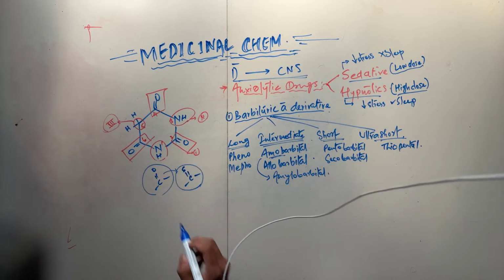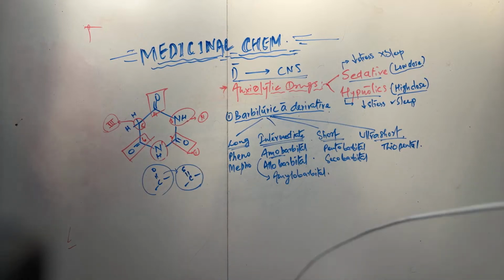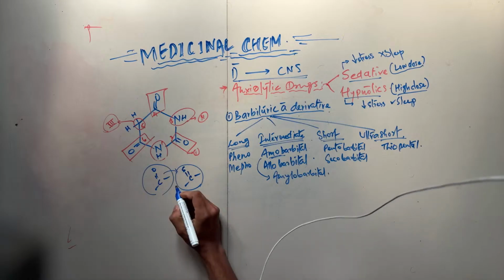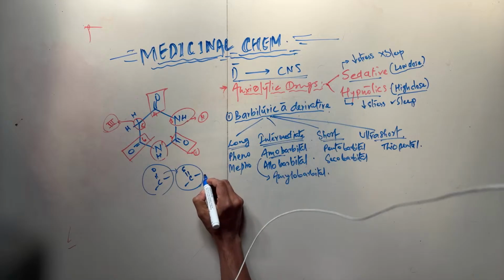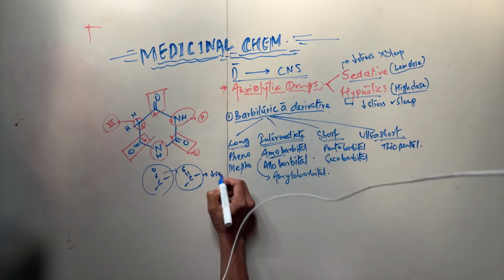So if oxygen is substituted with sulfur, then what will happen? Pharmacological activity of barbiturate will decrease. So in that case pharmacological activity will be decreased.